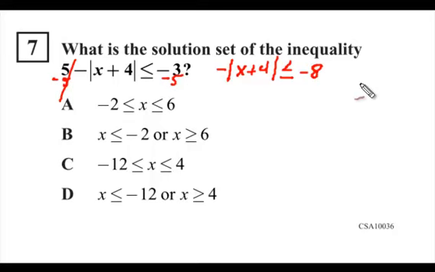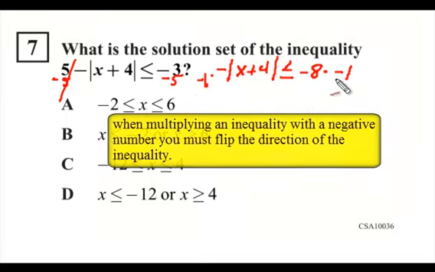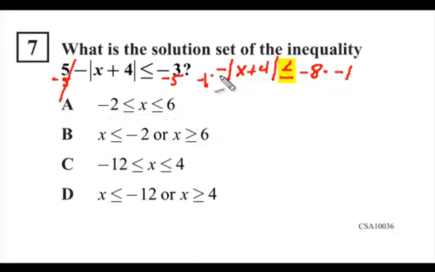The next step is to remove the negative sign from each side of the inequality. In order to do this, you must multiply each side by negative 1. So we're going to multiply this side by negative 1 and this side by negative 1. When multiplying an inequality by a negative number, you must flip the direction of the inequality.